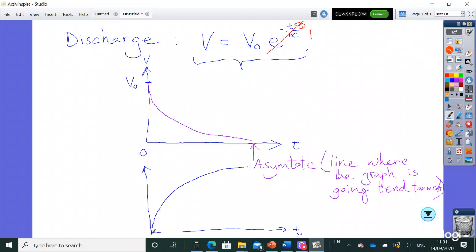Obviously, at time 0, the voltage of the capacitor should be 0. It should be completely discharged. So when t is 0, this equation must turn into 0, so that V is equal to 0. So how could I do that?